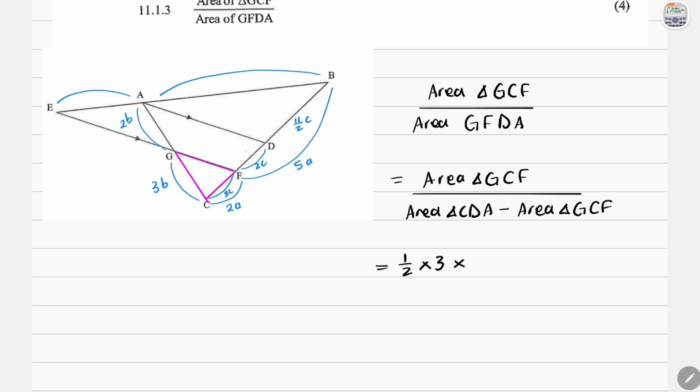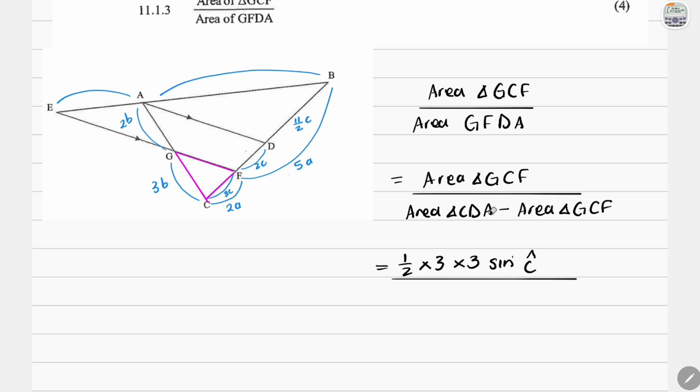Because I'm using this larger triangle to find the area of this trapezium, I'm going to use the ratio of c. So I am sticking with one variable for one line. So a half multiplied by 3c, and then multiply by sine of the angle. The common angle is angle C. And so that's sorted out for the area of the triangle on top.